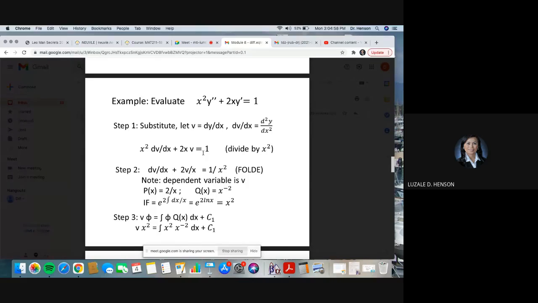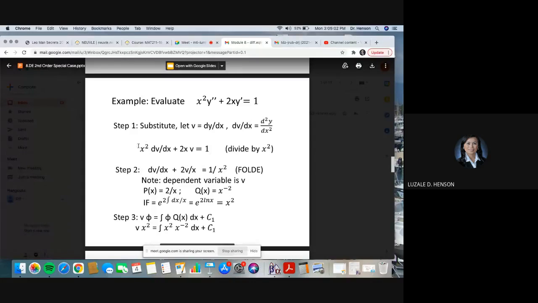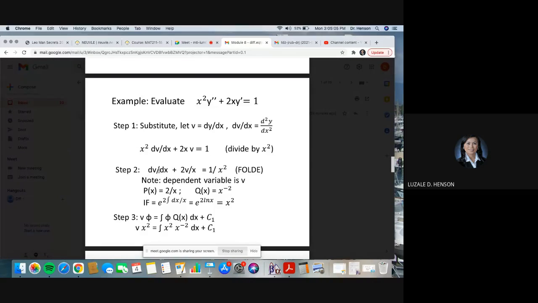And then you divide by x squared to eliminate this one. So once you divide this, it no longer has x squared, so what's left is 2v over x, and the right side will be divided by x squared.